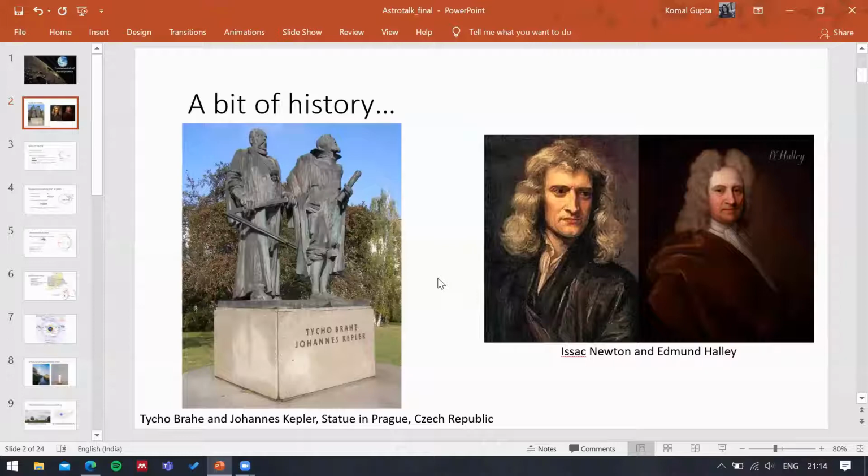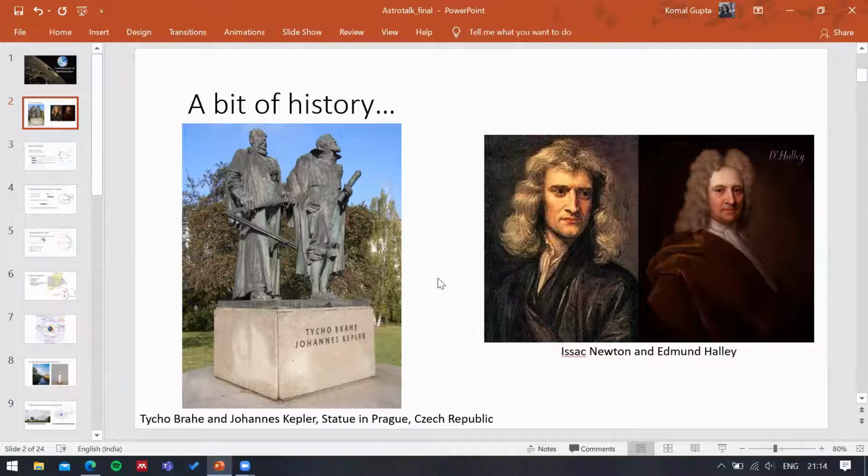Tycho, on one hand, was a noble, aristocratic Dane, not a mathematician, but he was exceptional in mechanical ingenuity. And he was meticulous in the collection as well as recording of accurate data on the position of planets. I don't know if I should call him an engineer, but yeah.